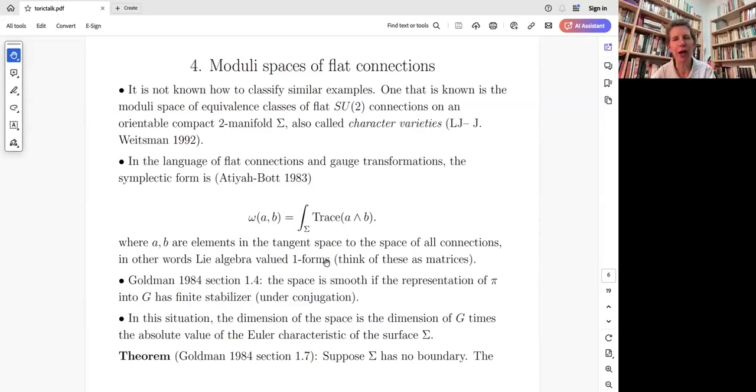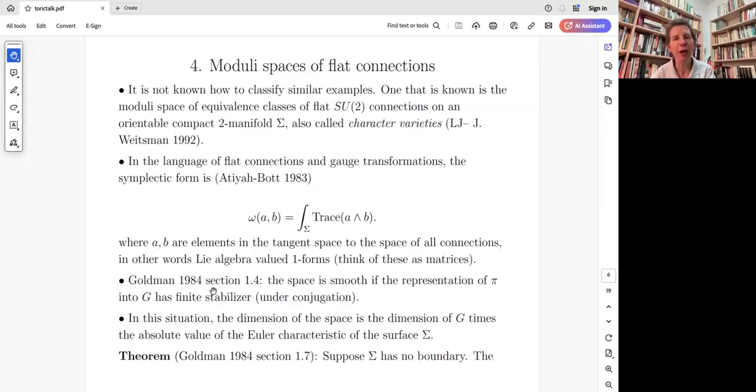Just think of those as a matrix whose entries are 1-forms. So A is such a matrix and B is also such a matrix. You wedge these together, that means multiply the matrices and wedge the 1-forms. Then you get a matrix valued 2-form, take the trace, that's just a 2-form, and then you integrate. So that's what your symplectic form is.